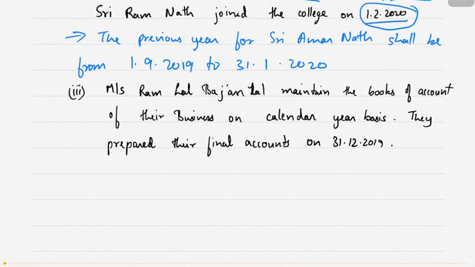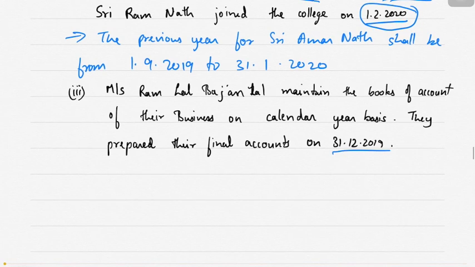Ramlal Bhajanlal maintain books of account of their business on calendar year basis. Calendar year basis is from 1st January to 31st December. They prepared final accounts on 31st December 2019. Okay. So they have made books of accounts and final accounts on calendar year basis.